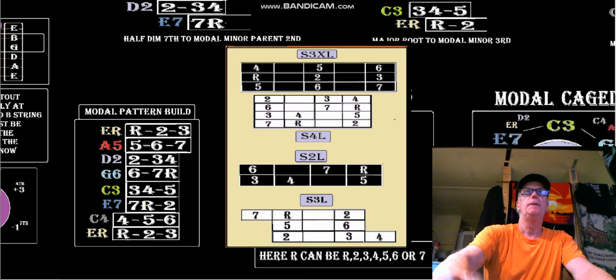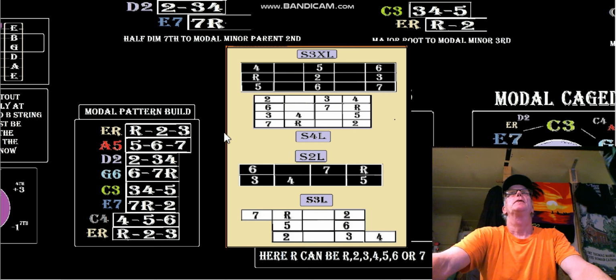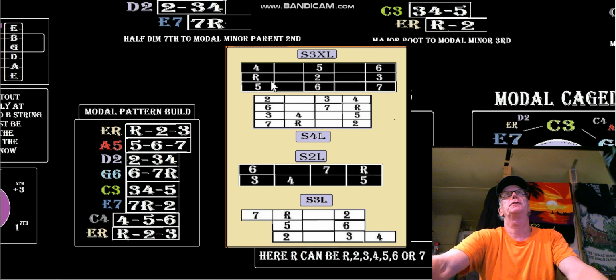Here's a little outtake from chart 140. The S4E, I used to call it the S4 long, but now the longs are these guys. I called them extra longs, now I just call them longs. So here it is. We have to shape fit that 7 root 2 3 4 5 6 7 root 2 3 4 brick wall.